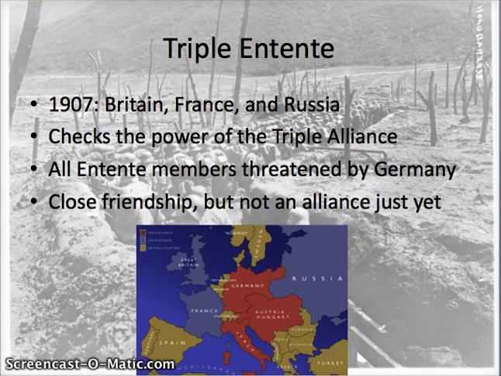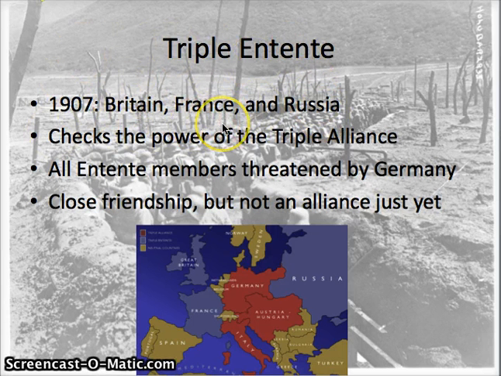Now, you will see ultimately after Britain and France form the Entente Cordiale that now we need to figure out a way for Britain, France, and Russia ultimately to join together. All right? Now, all of these countries share Germany as a threat, right? Even though ideologically these countries are very different from one another.